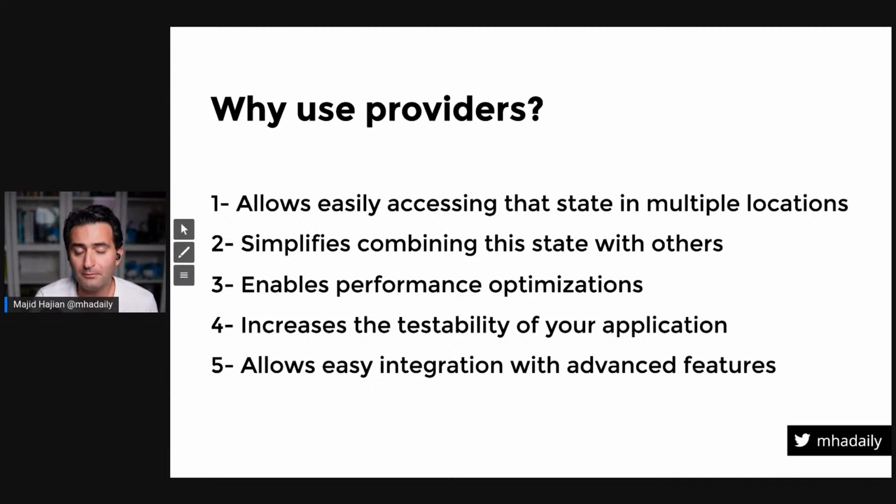And it simplifies combining several providers, which is one of the things that we're going to talk about today. There are advanced use cases where you want to listen to a change of a state and then provide another type of state based on that, or do something else like make a network call, for example. We're going to talk about all of this today.